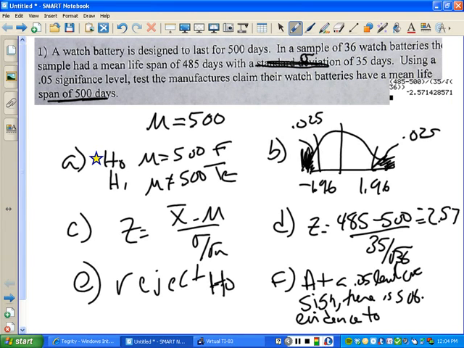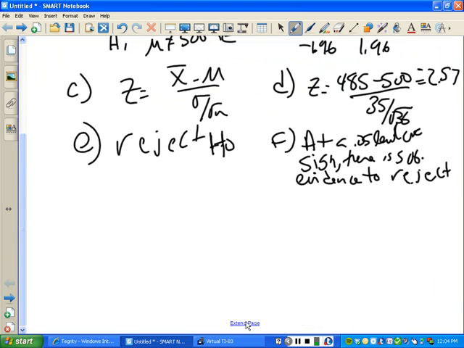There is sufficient evidence to reject the claim that mu is equal to 500. Now, if you said at a 0.05 level of significance there is not sufficient evidence to support the claim, I'd give you credit for that. Because that, technically for this problem, is not right. But due to the time constraints of the course, I'm going to be okay with it.